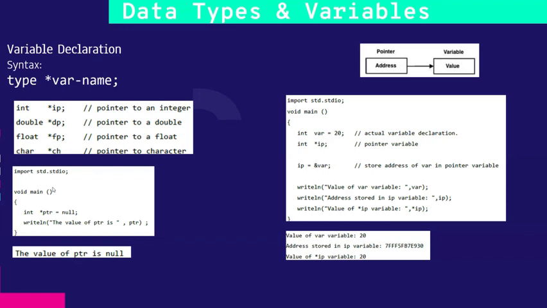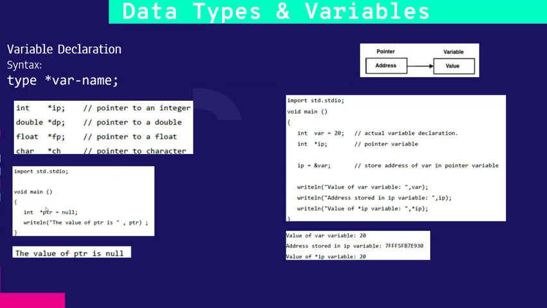There is another type of pointer called a null pointer, and it is always good practice to assign null to a pointer variable in case you do not have an exact address to be assigned. This is done at the time of variable declaration when we declare a pointer type variable. So first we are declaring a pointer and then assigning a null value.